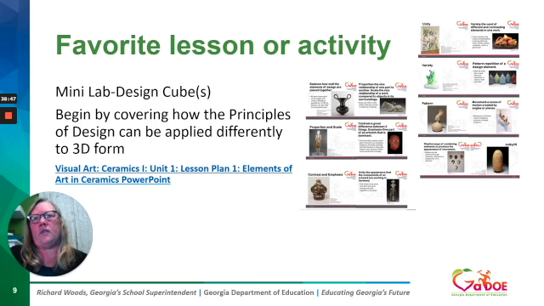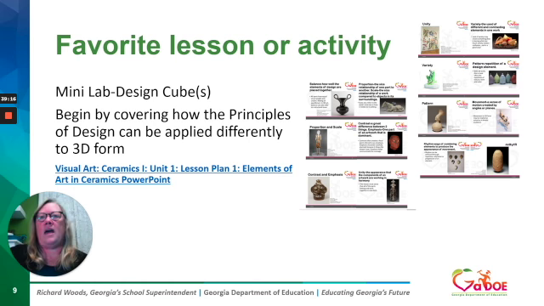There's a lot of overlap, of course, but a little bit differently to three-dimensional form than to 2D form. For example, when we're talking about value on a two-dimensional artwork, you're talking about the darkness or the lightness that has been applied to a surface. When you're talking about value with form, you could be talking about that, but you could also be talking about how light and shadow is affecting what we're looking at.